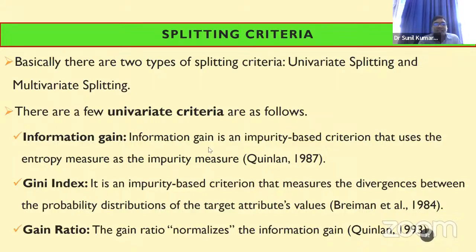Splitting criteria can be of two types: univariate splitting and multivariate splitting. In univariate splitting, we have already discussed information gain and Gini index. Not only discussed, we have also defined them. And the third one is the gain ratio. Gain ratio is nothing but the normalized value of the information gain.